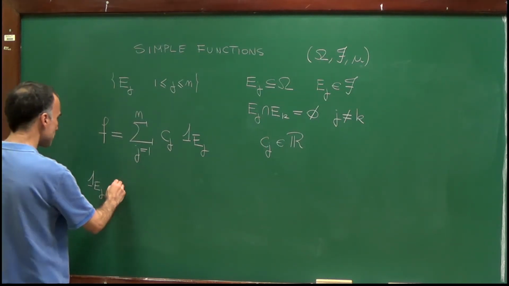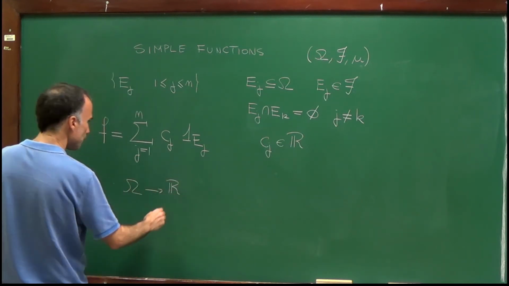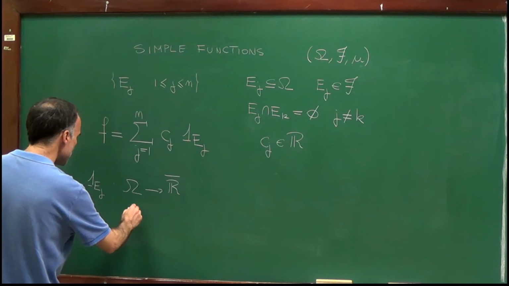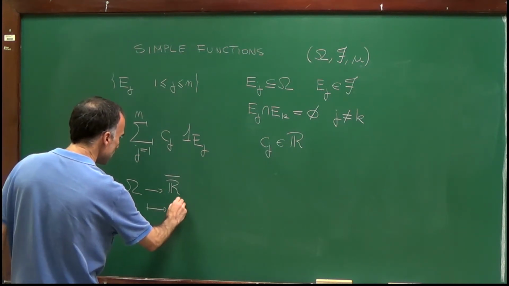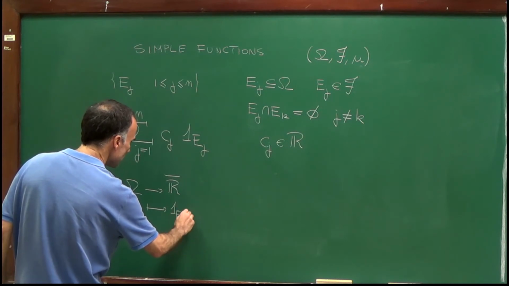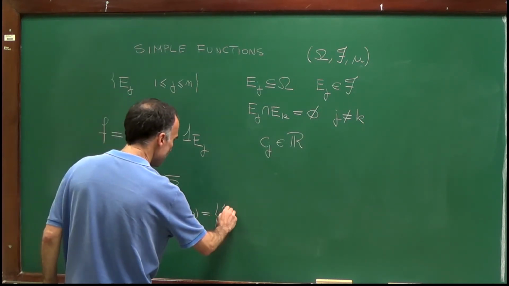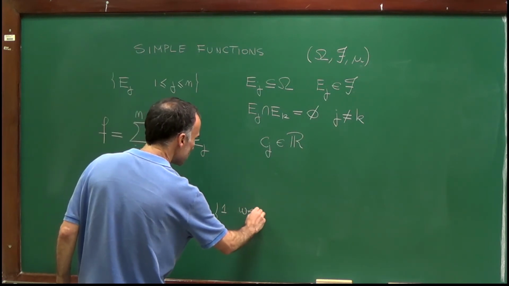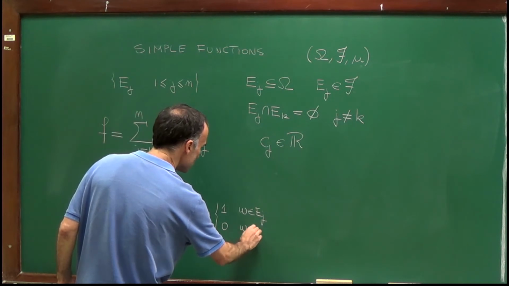So this is a function from omega to R extended, which associates to a point omega the value 1_{E_j}(omega), which is either 1 if omega belongs to E_j, or 0 if omega does not belong to E_j.